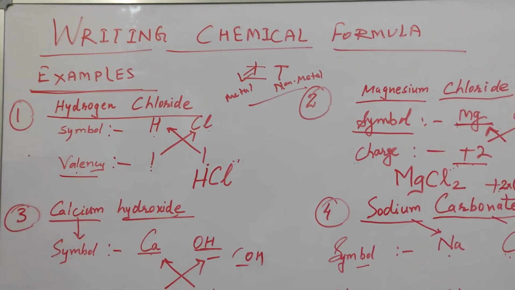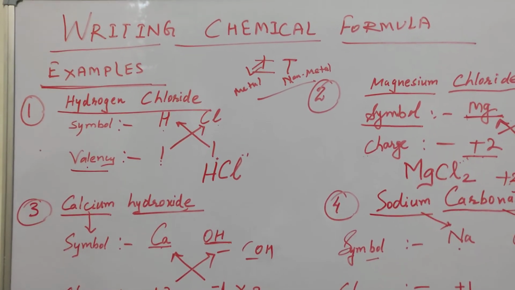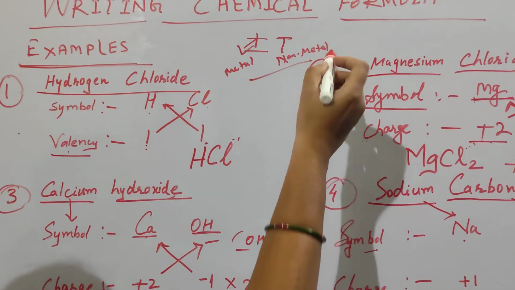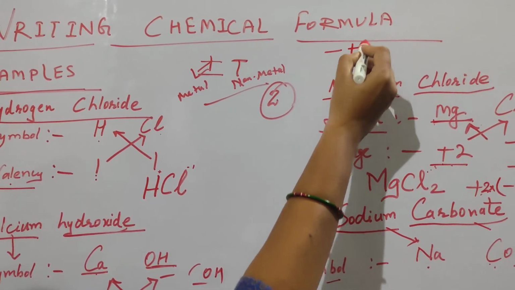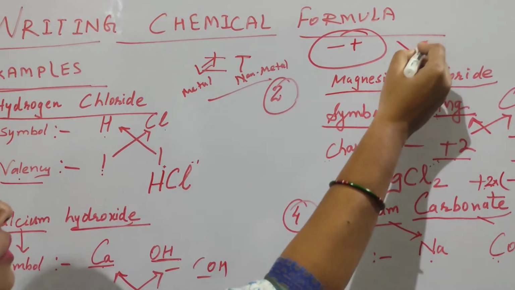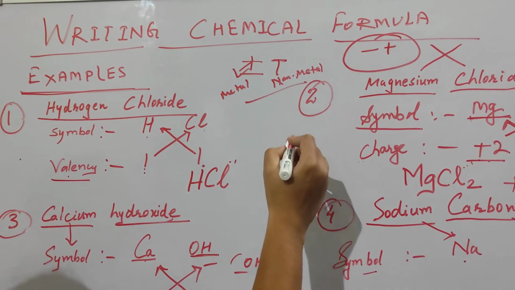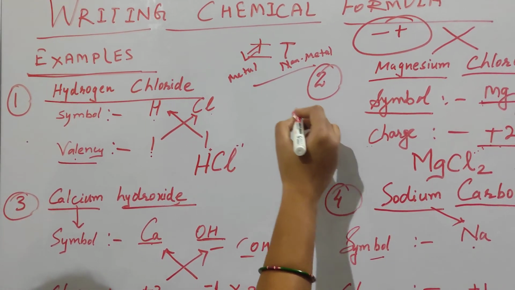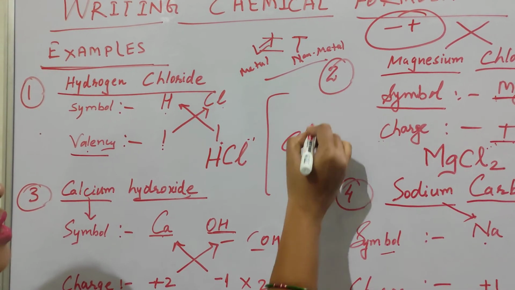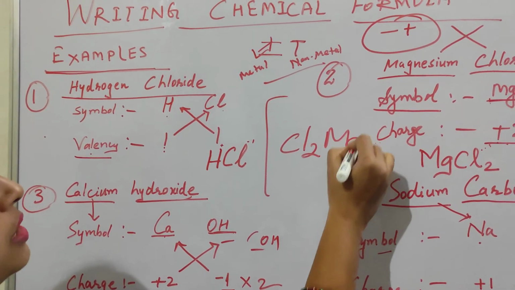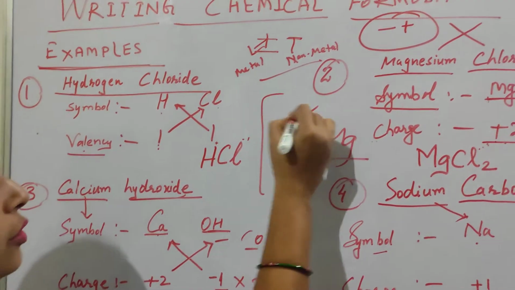Suppose some students make a mistake and ask why not write in the reverse order. This is against the rule and your answer will be wrong, because you cannot write Cl2Mg instead of MgCl2. This is totally wrong.